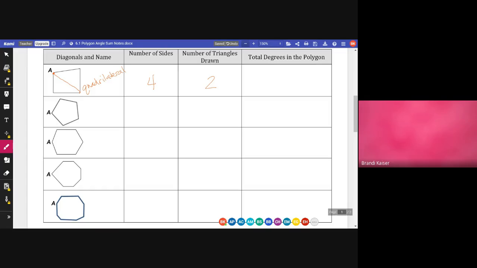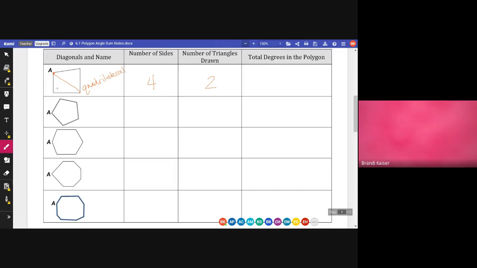Here's what we want to think about. Every polygon has a different number of degrees on the inside. Triangles, we know, have 180 degrees. Circles aren't polygons, but we just learned about circles, and they have 360 degrees in them. Each of these shapes will have a different total number of degrees. Here's how we're going to think about it at first.